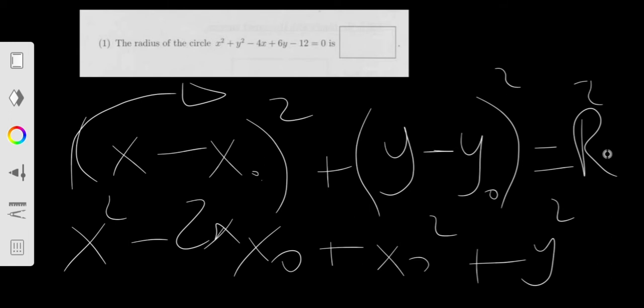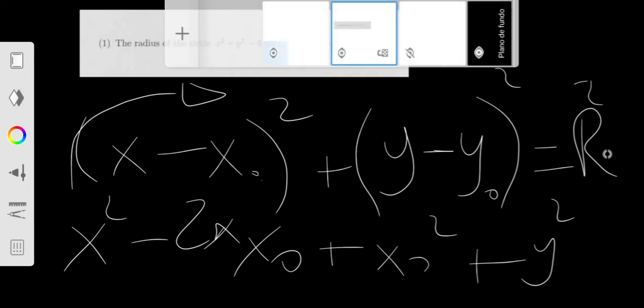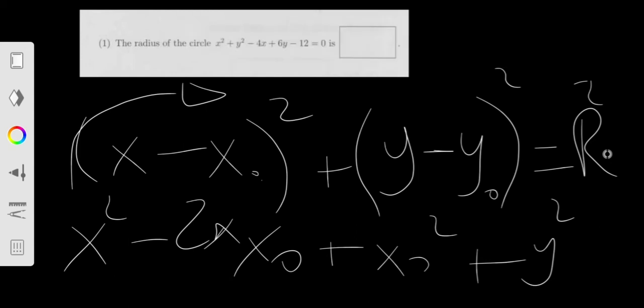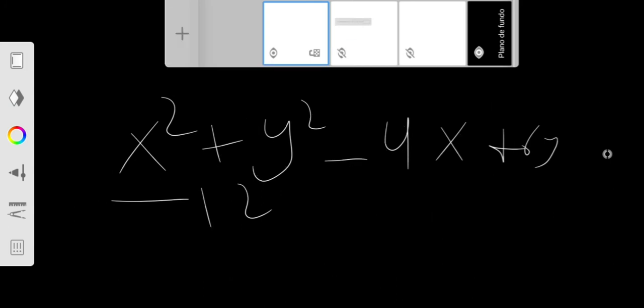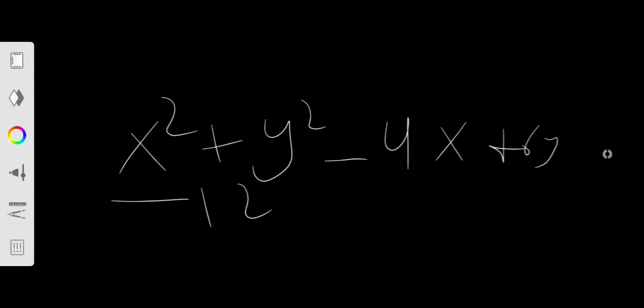So the equation we have is x squared plus y squared minus 4x plus 6y minus 12 equals 0.